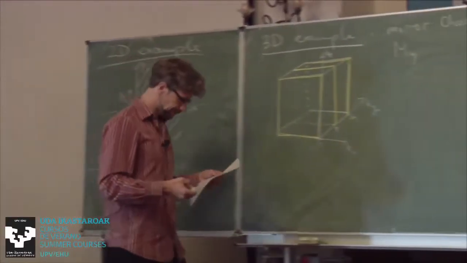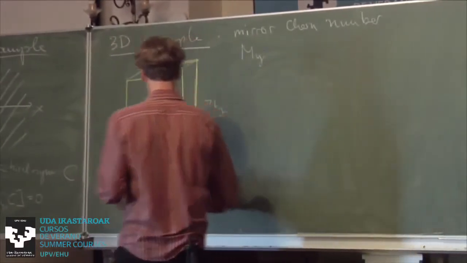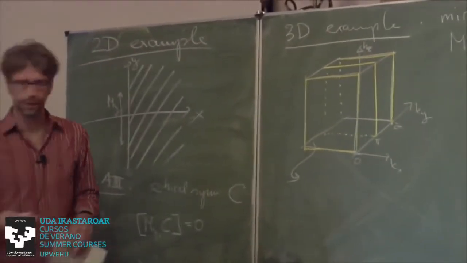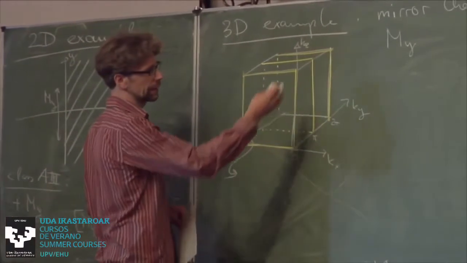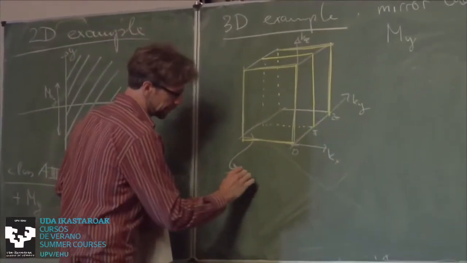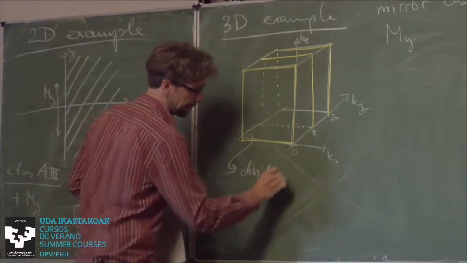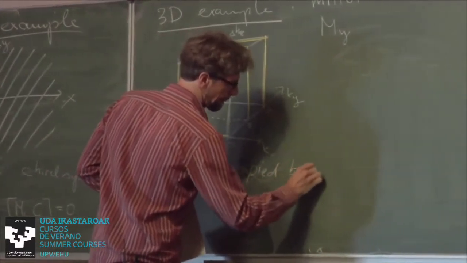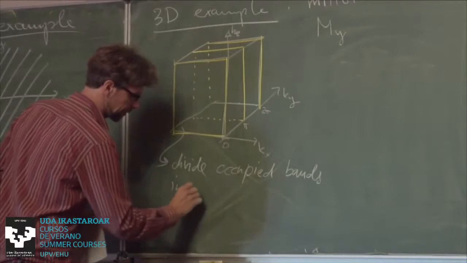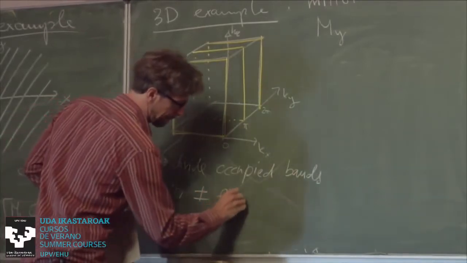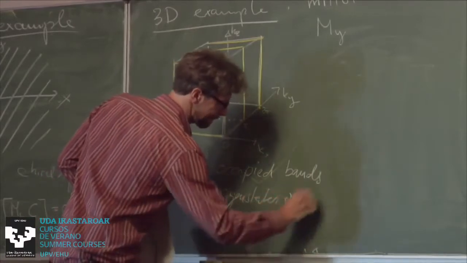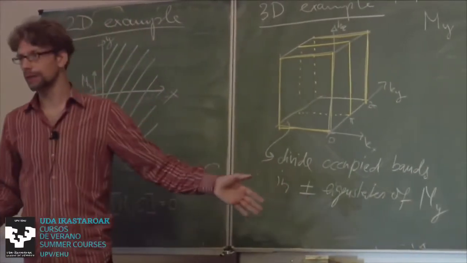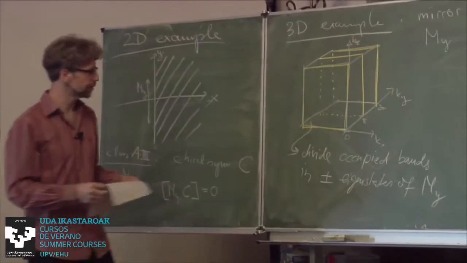Now on these planes, I can divide the occupied bands by the two eigenvalues of My, in the eigenspaces of plus or minus eigenvalue of My, or plus or minus i, depending on whether you have a spinful system.